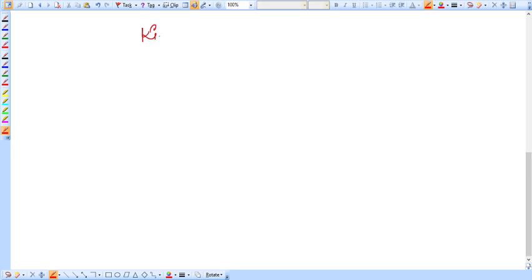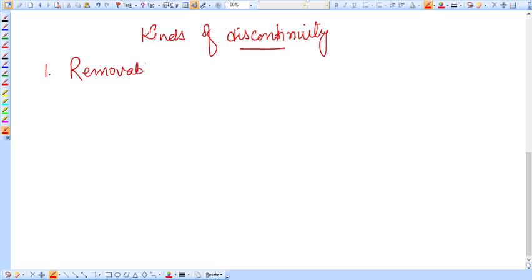The first form of discontinuity is removable discontinuity. This discontinuity can be removed, that's why it is called removable discontinuity.